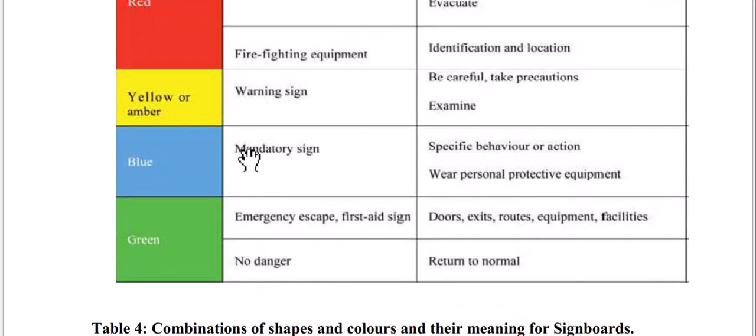It is information on what we must do at a particular place or particular machine. The mandatory sign is a specific behavior or action where personal protective equipment mostly is used to inform the operators, the workshop users, the factory users, someone who is related with this place, to where PPE is.